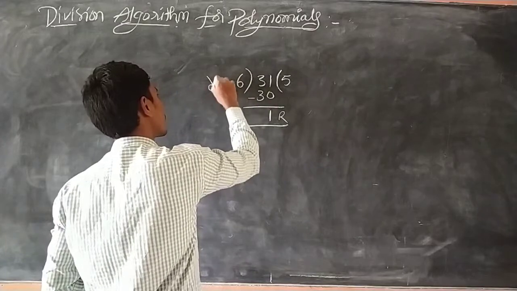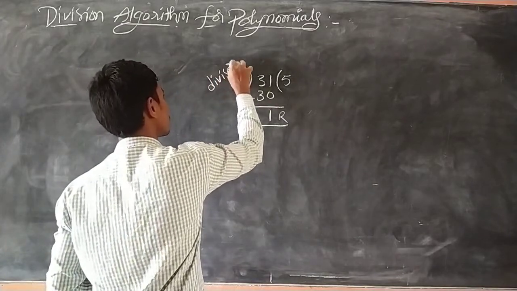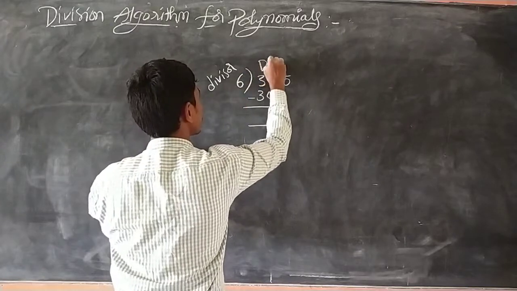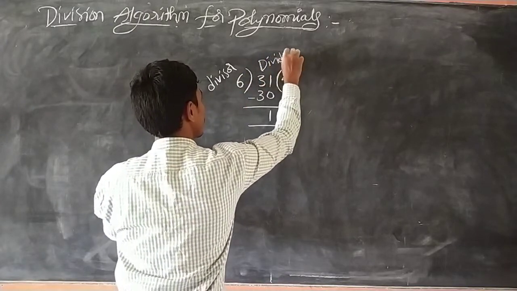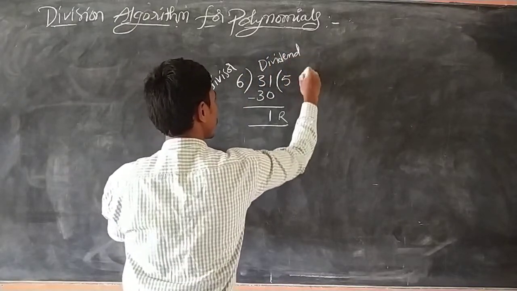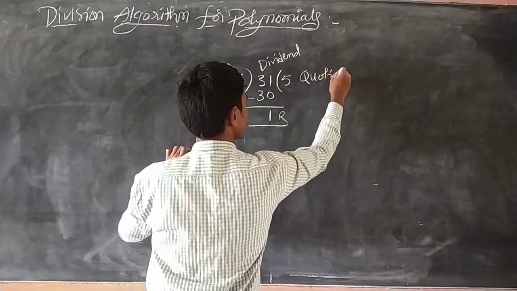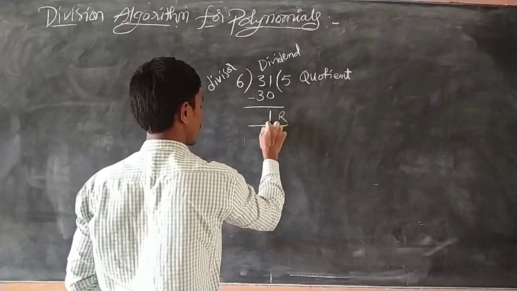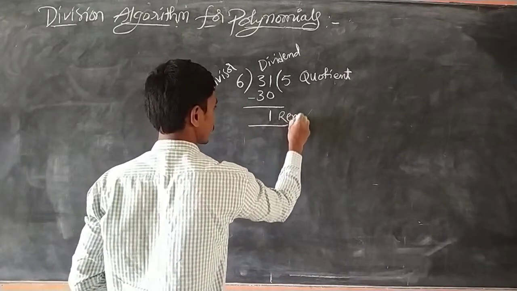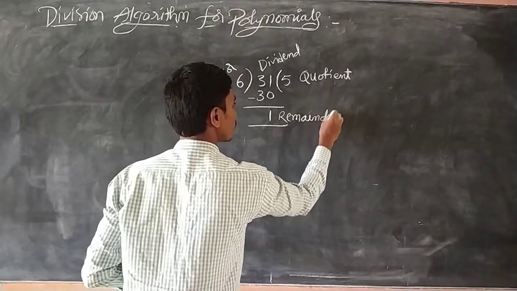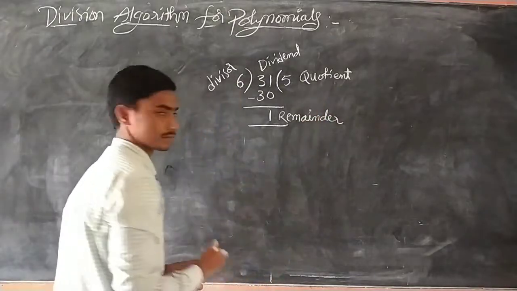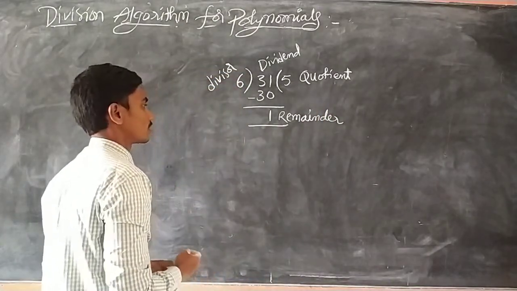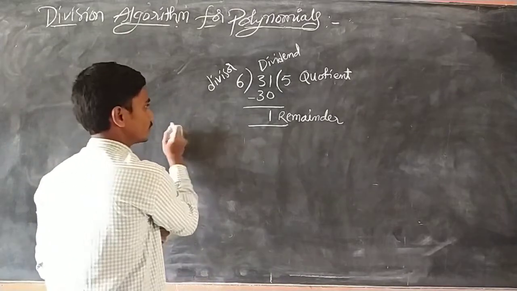Here 6 is called the divisor and 31 is called the dividend and 5 is called the quotient, and the remaining part is called the remainder.